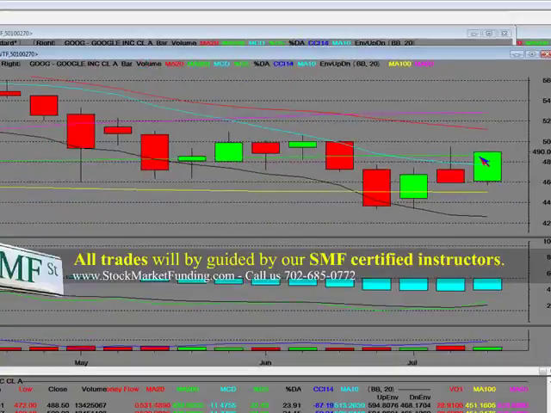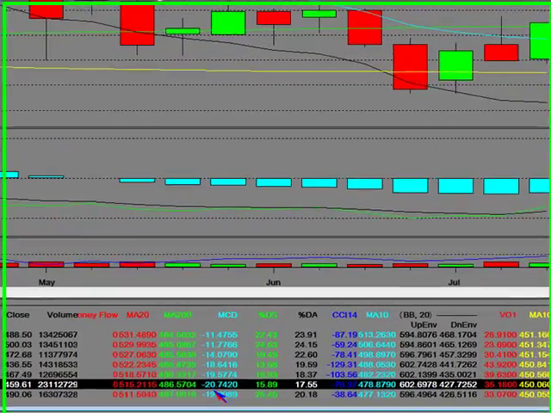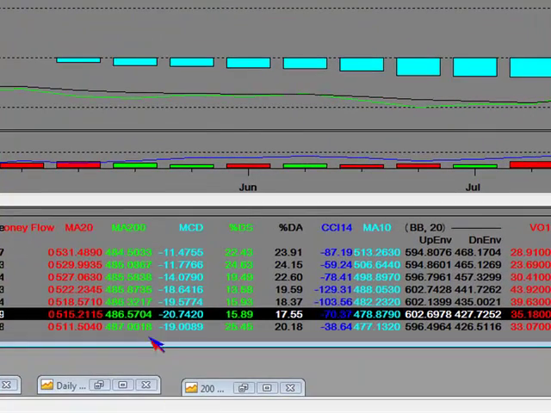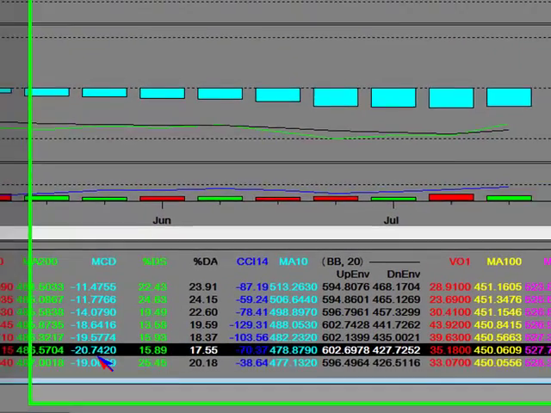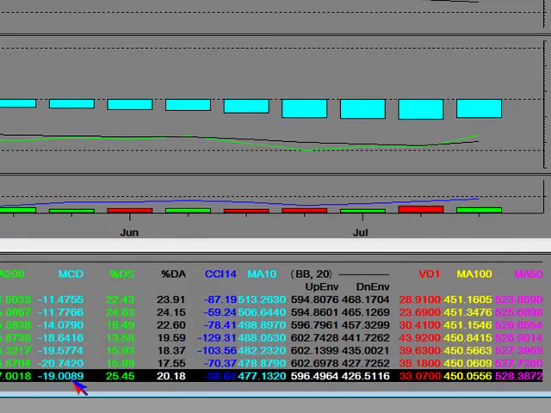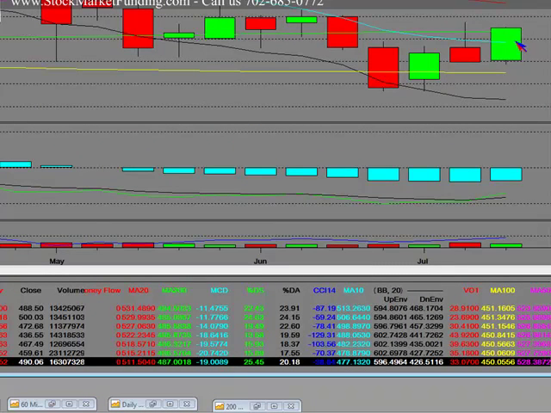Okay. Now, the other thing that we like is that when we look at the MACD, the last peak of this MACD, the prior week, right here, hit 20.74. What we would like you to know is that when the MACD here is at a lower value than the previous week, that also is providing good, strong current support level for the equity.